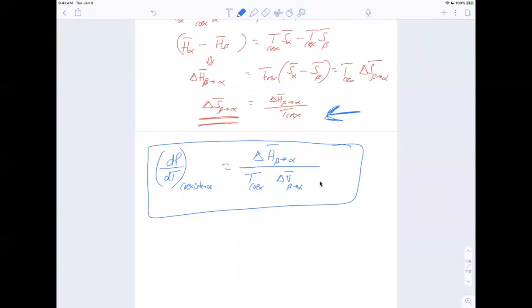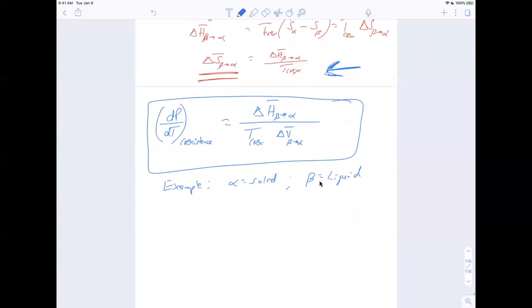So as an example, let's say alpha is equal to solid and beta is equal to liquid. So now you're going from beta to alpha, from liquid to solid. This is a process called freezing. So let's see what we get here.